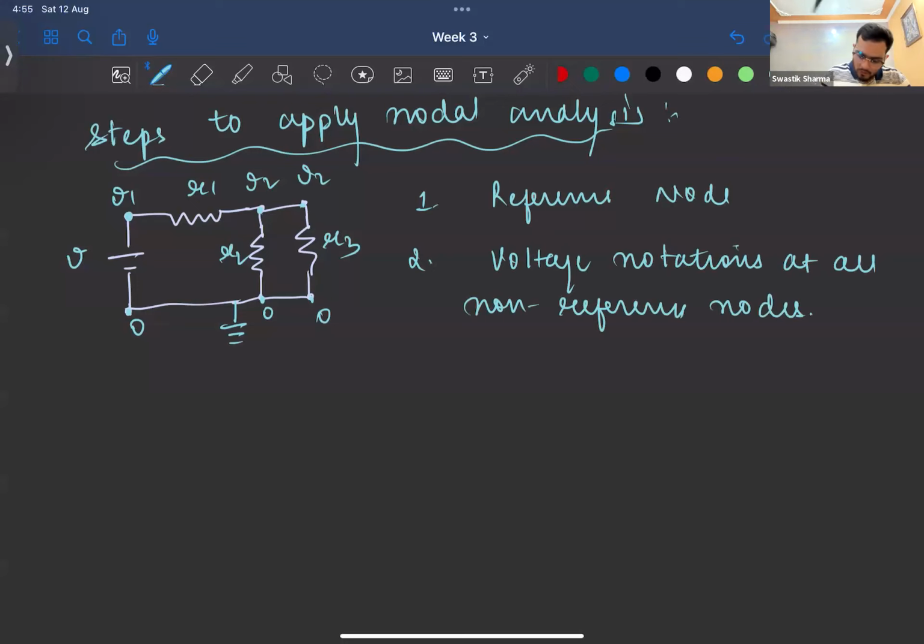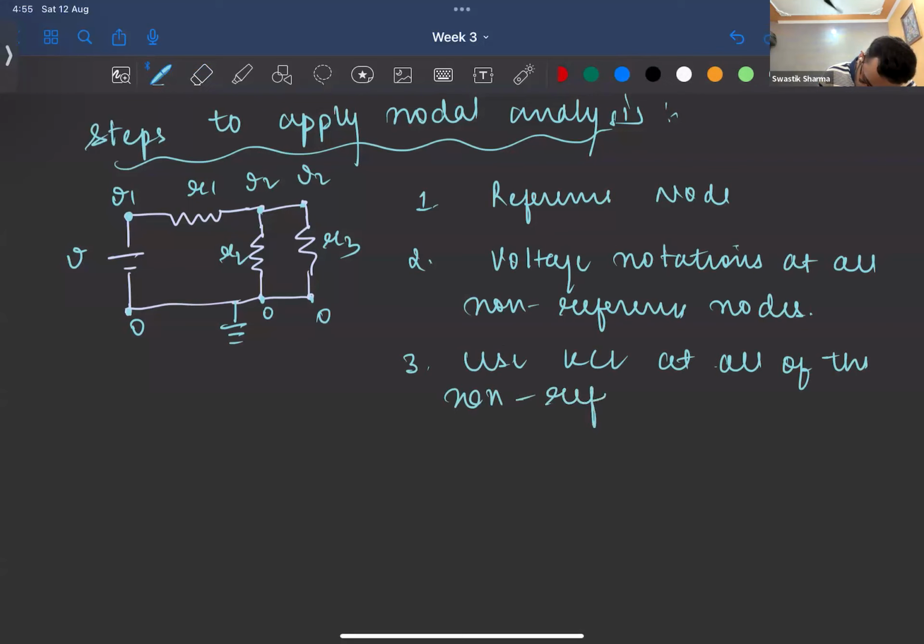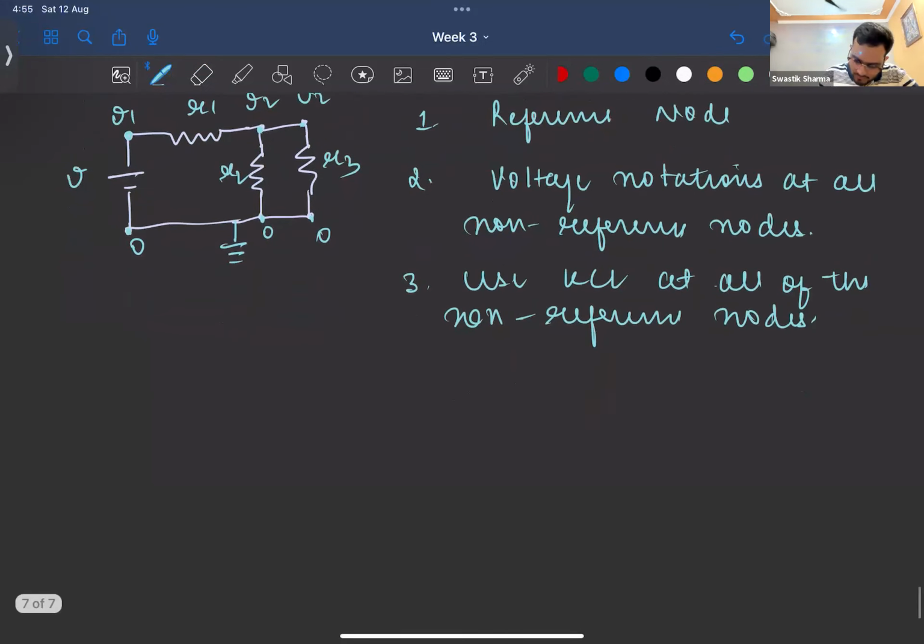And now from those non-reference nodes, what we require is to use KCL. Once you use KCL at all of the non-reference nodes, you will get n-1 simultaneous equations.